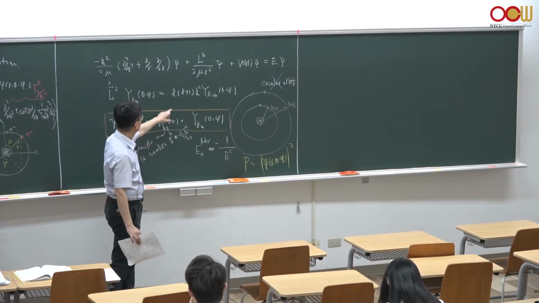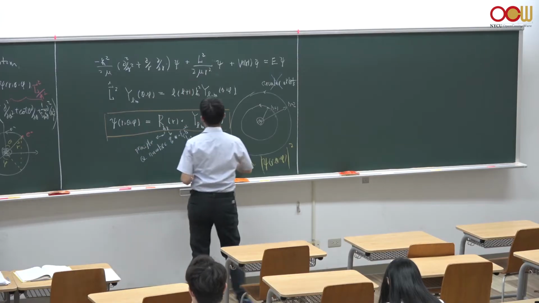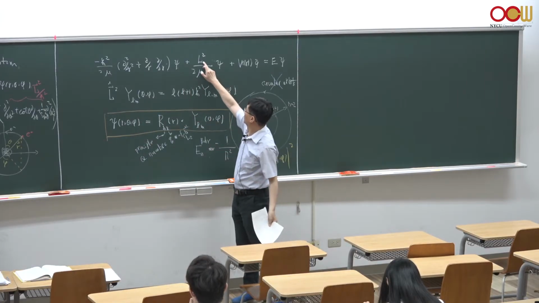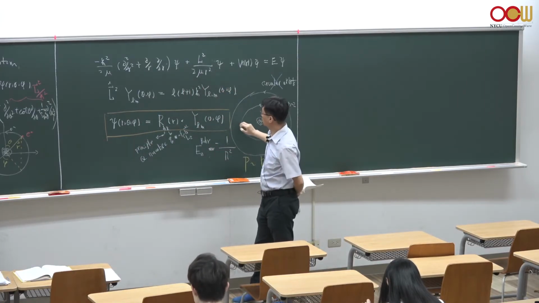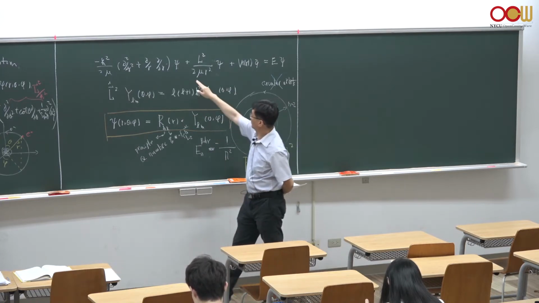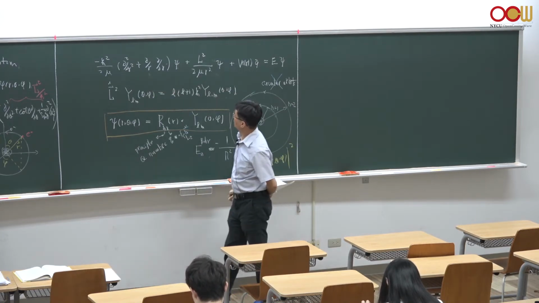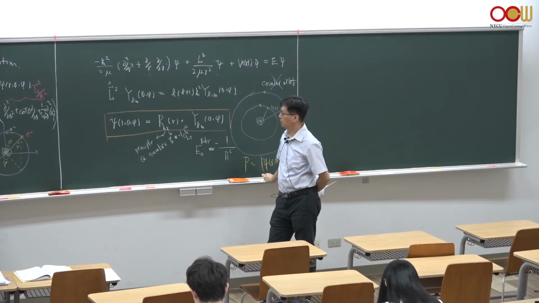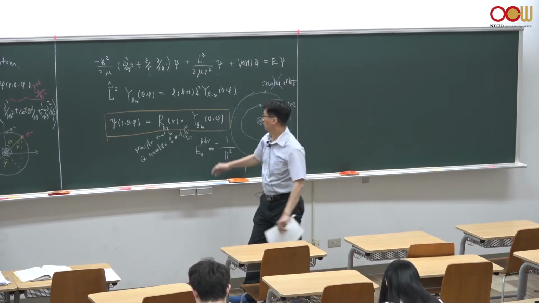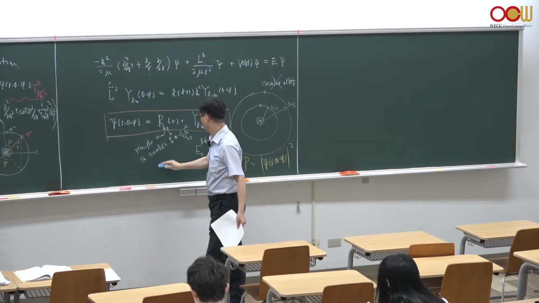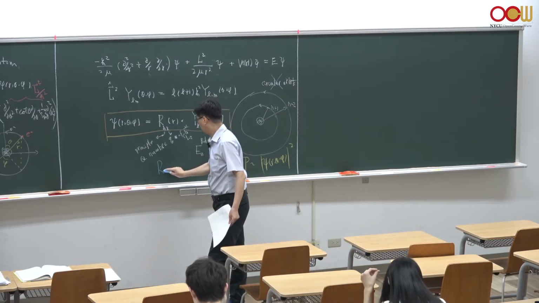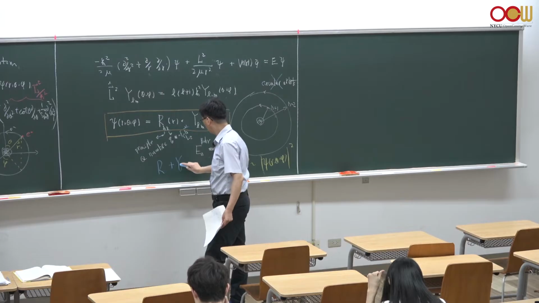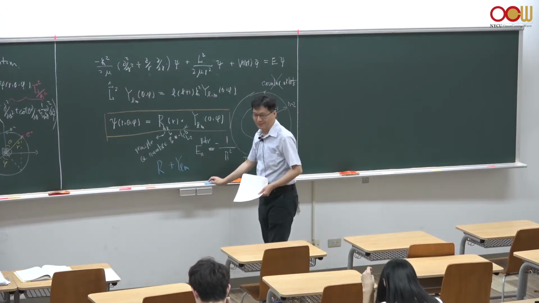My answer is twofold. One is from this L squared, the eigenvalue equation for L squared. Another is that you have another piece of this equation which is purely r dependent. Of course, you may wonder why you should guess this. You may try R plus Y_lm. Of course, you can try.